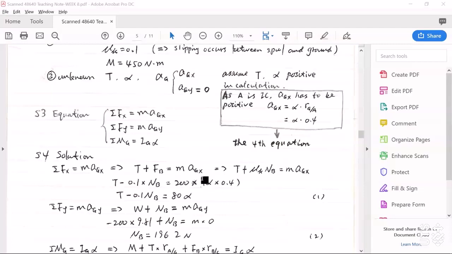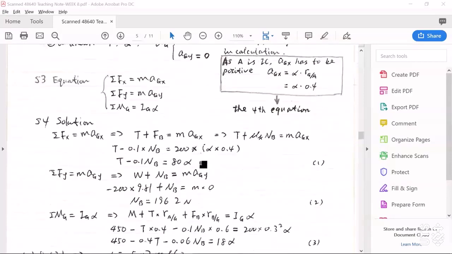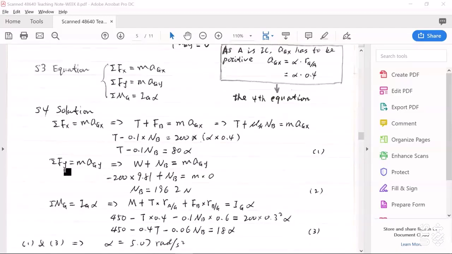So now we have eliminated one unknown parameter, AGX. In equation 1, we have T, FB, and alpha. In equation 2, along y direction, we have weight force W, negative, and MB, unknown, but it should be positive. AGY, we know it must be 0, so from equation 2, we can work out MB easily.